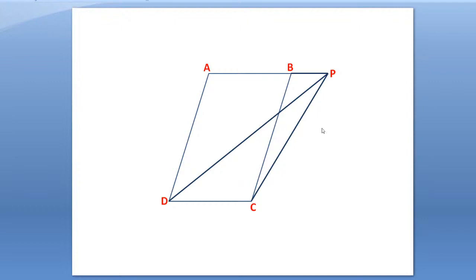First, see this figure carefully. ABCD is a parallelogram, PDC or PCD is a triangle. But see this. The side DC is common for both parallelogram and triangle, or we can say that this parallelogram and triangle are on the same base DC.